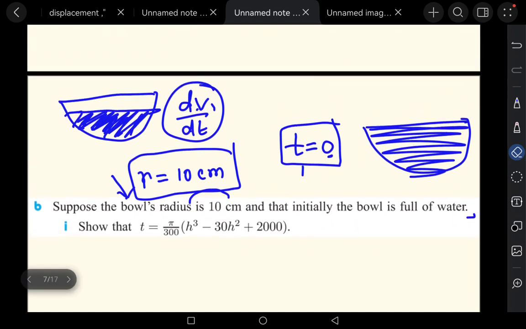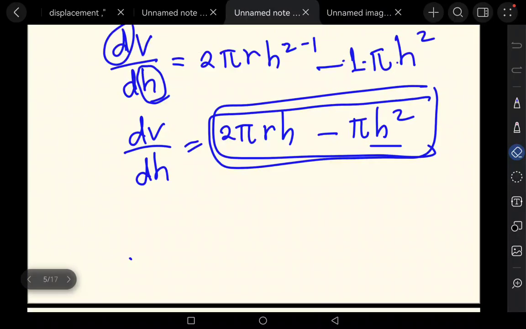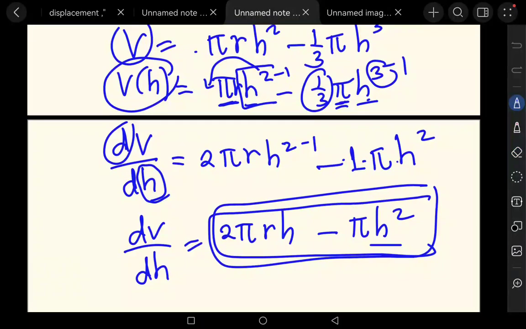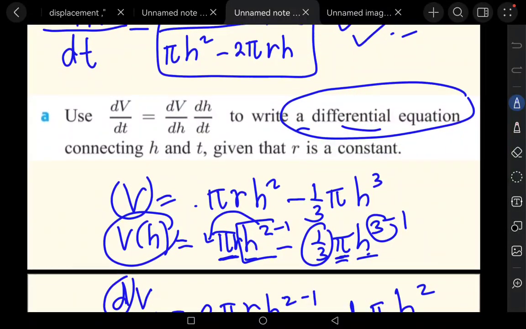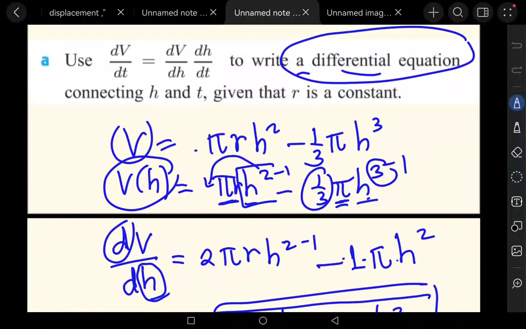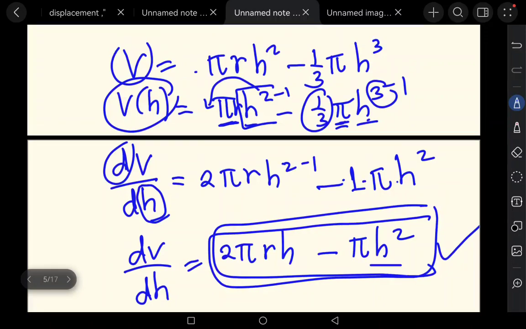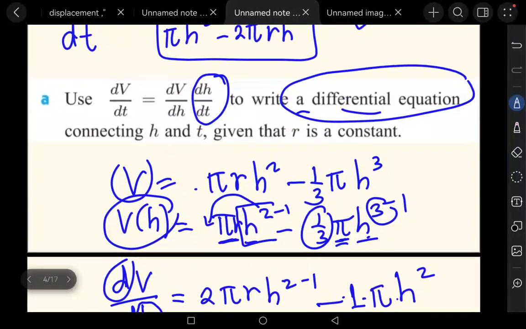The time is from this part before. Where is the time? Oh, we have done it already. dV over dh is done already. Oh, sorry, we have to use dV over dt here.